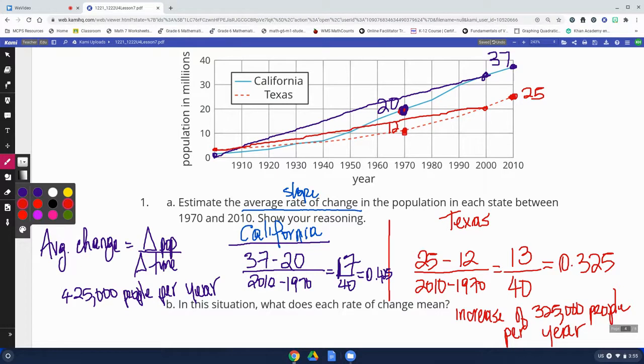I would say, based on the steepness of the line, it would definitely be California, right? But if you didn't want to do that, you could calculate it. They're both over 100 years, right? And Texas's population, it looked like in 2000 it was 20 million people, and about 3 million in 1900.